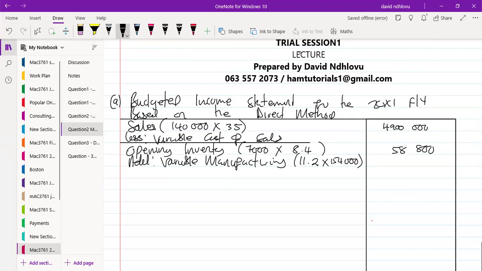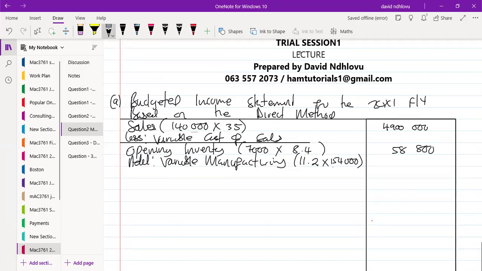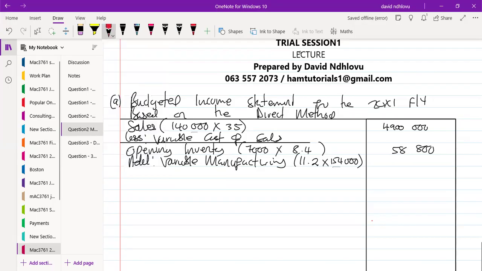So very clear. For sales, you must multiply by the number of units that were sold, which is 140. For production, however, you must multiply by the number of units that were produced, which is 154. So 154,000 units were produced, each at a cost of 11.2, which gives us a total of 1,724,800.